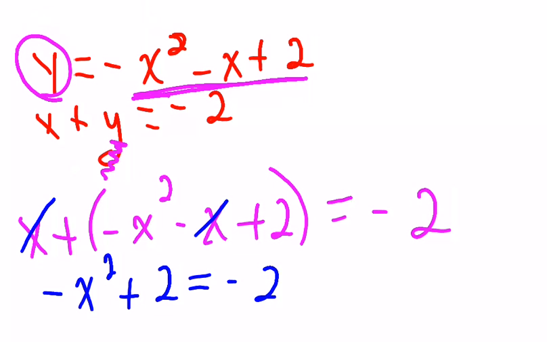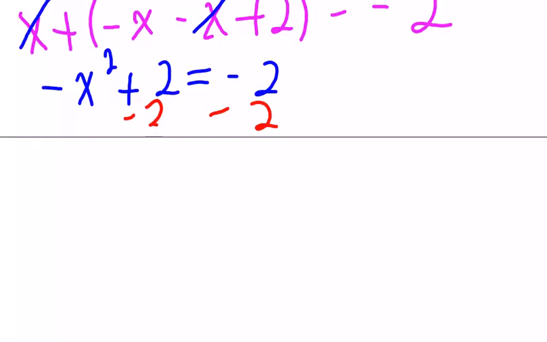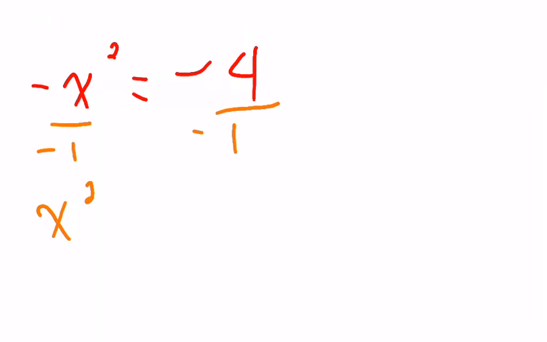And so we want to subtract 2 from both sides. And so now we have negative x squared equals a negative 4. If we divide by a negative 1, we have positive x squared equals a positive 4.